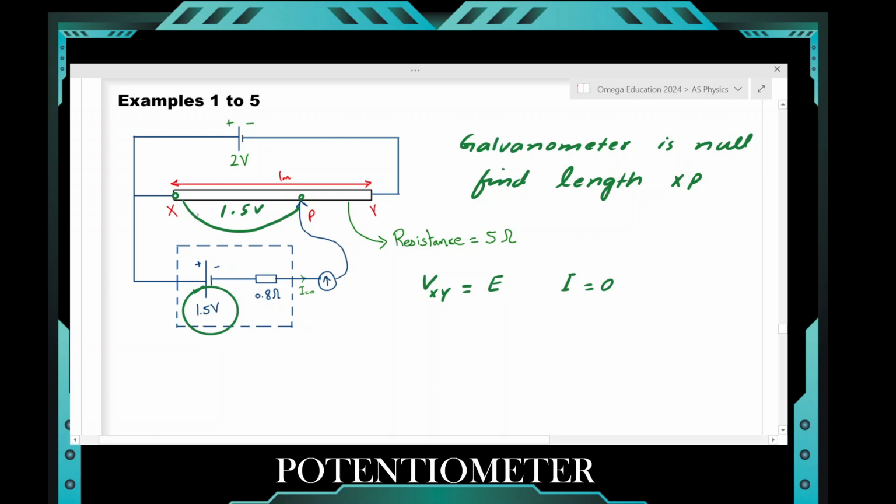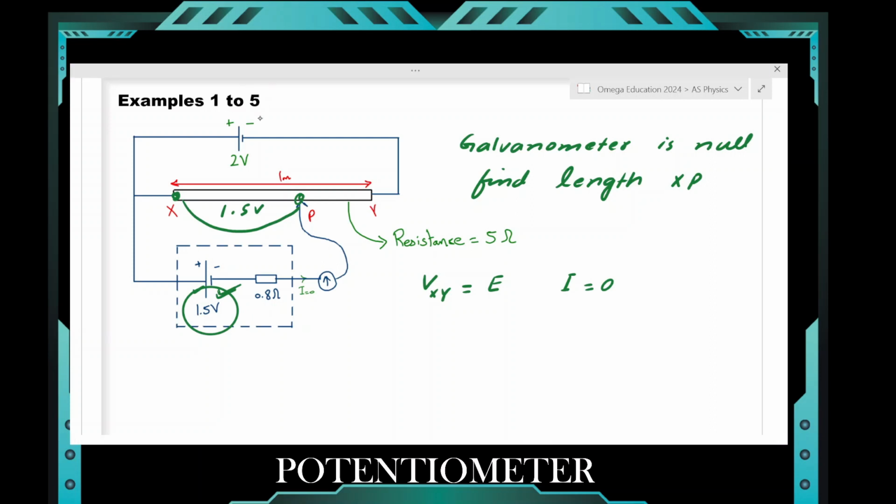First of all, you say that if the galvanometer is reading no current, it means whatever the voltage is over here, that should also be between the points X and Y, because these two points are connected in parallel. How do we know the points are connected in parallel?